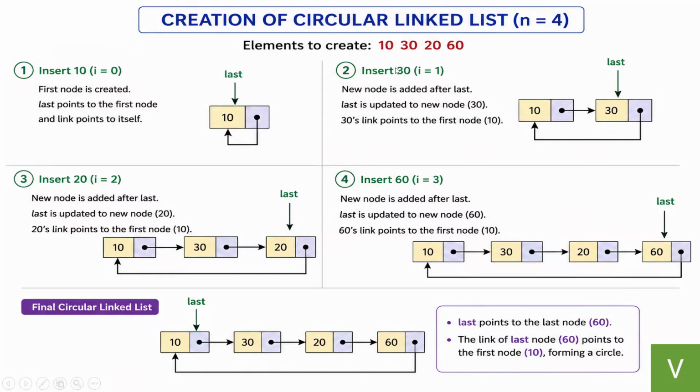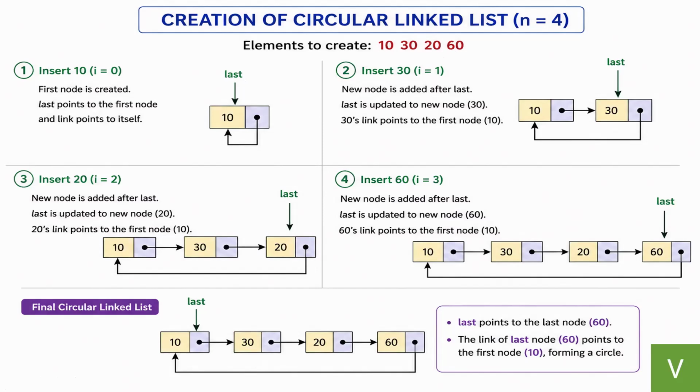If we want to create a circular linked list with 10, 30, 20 and 60, that is we have a total of 4 elements, we will use a for loop or while loop up to 4 iterations. And we will also consider one pointer variable, that is last. Initially the last has a null value.